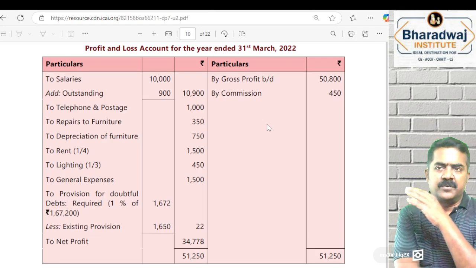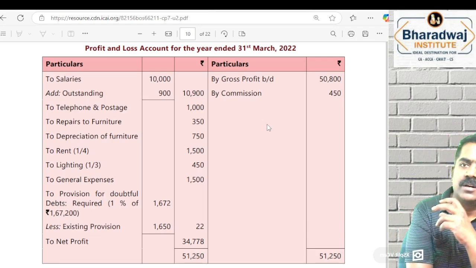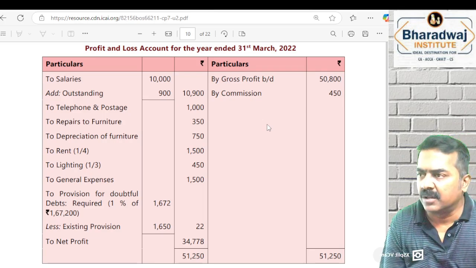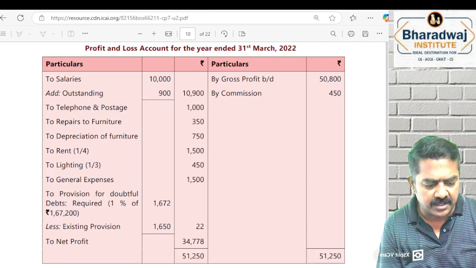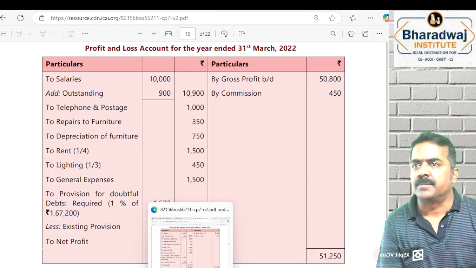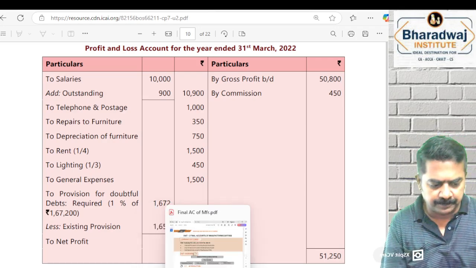So we prepared manufacturing account, then which account? Trading account, then P&L account we prepared. இல்லையா? Next, shall I proceed பண்ணலாமா?